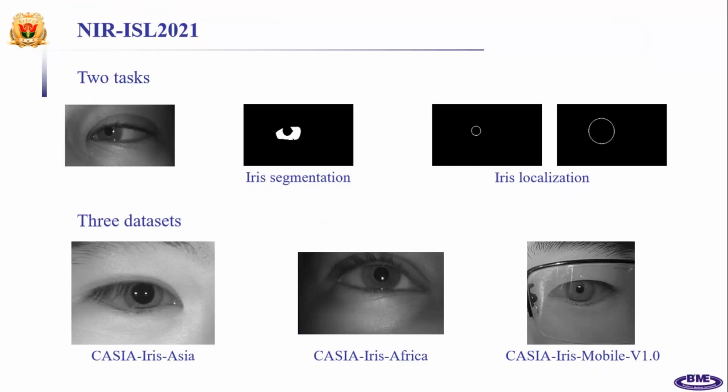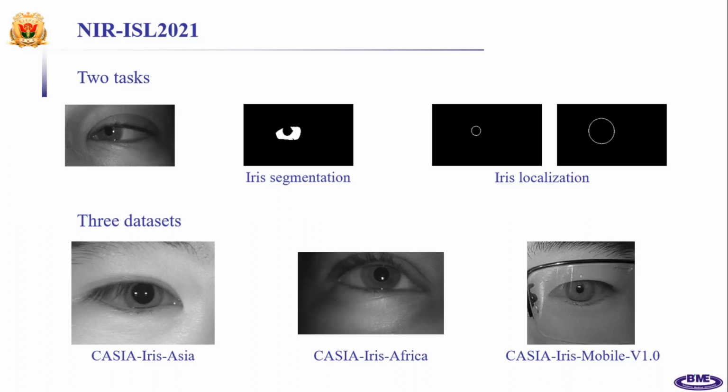So in our scheme, iris localization is still regarded as a segmentation task to segment the mask inside the boundaries. In this challenge, 3 iris datasets are used for evaluating different iris segmentation and localization approaches.